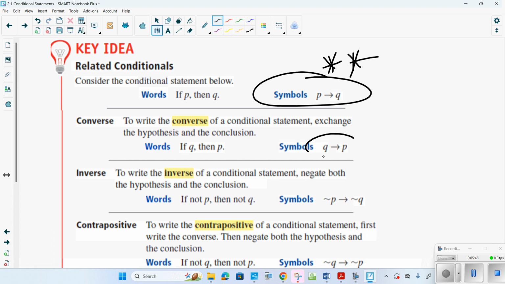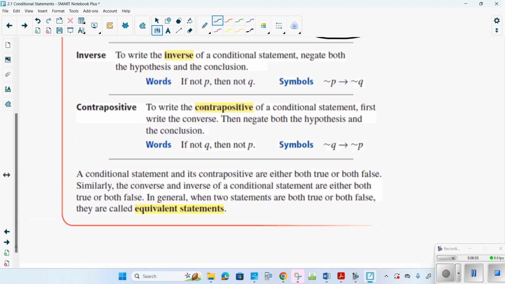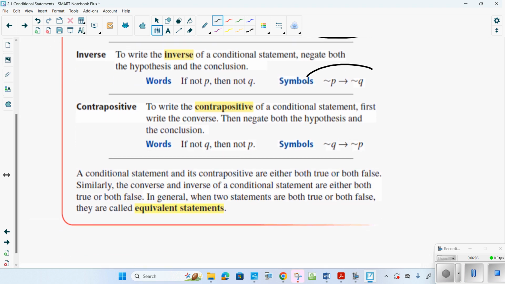So if Q, then P. You take the conditional statement and flip the hypothesis and the conclusion. The inverse. Now we're going to get into negations here. The inverse is not P, then not Q. So you take your original statement and go not for the hypothesis and not for the conclusion.